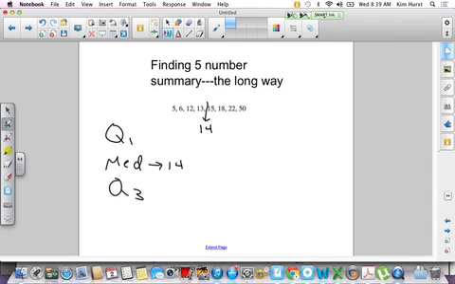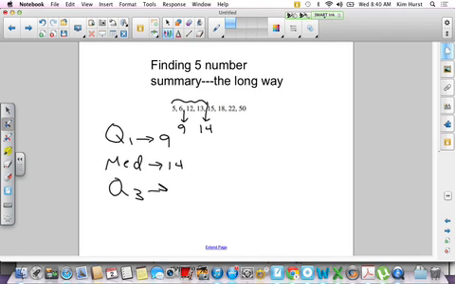Then I look at the bottom half of my data, and I find the median for the bottom half of my data, okay, which is right here. So between 6 and 12, because I go right in the middle of my bottom half of my data. So I add 6 plus 12, that's 18, divided by 2 is 9. So Q1 is 9.